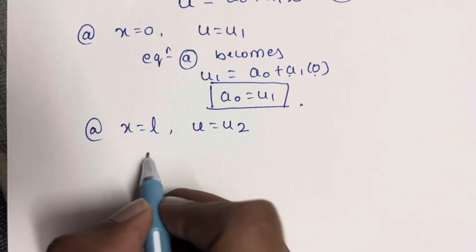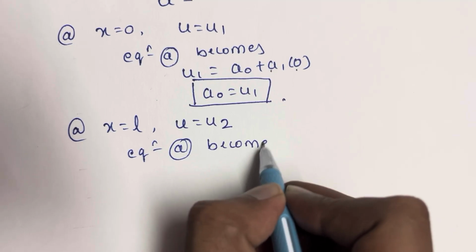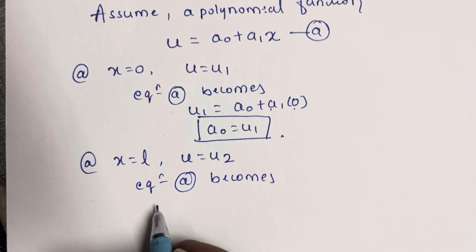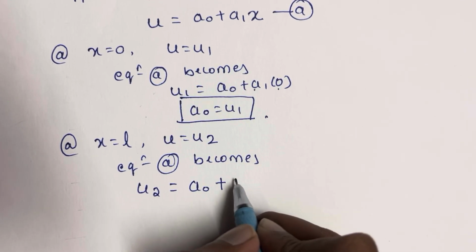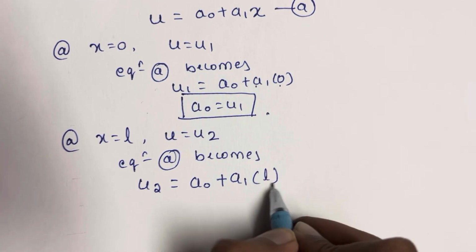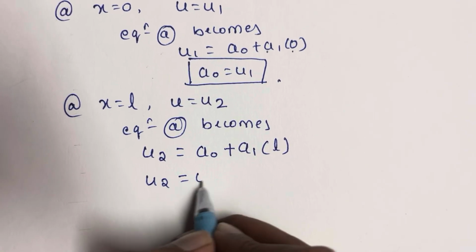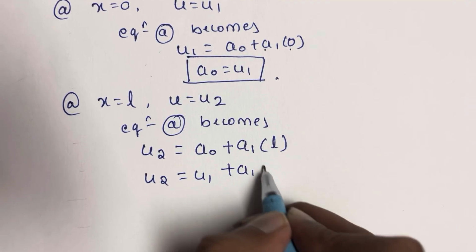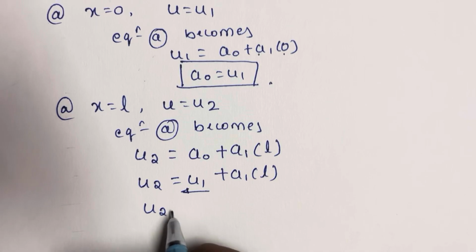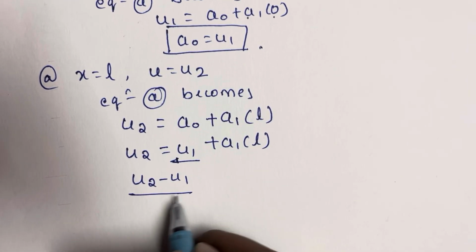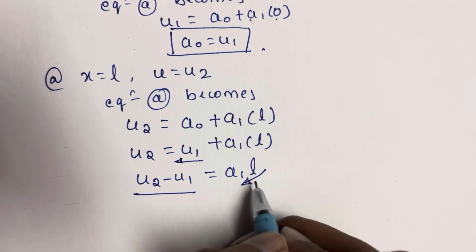Now equation A becomes u2 equals a0 as it is plus a1 into L. Already we know the value of a0, that is u1, so u2 equals u1 plus a1 into L. Shift this u1 to this side, so u2 minus u1 is equal to a1 into L. Then shift this L to the other side.